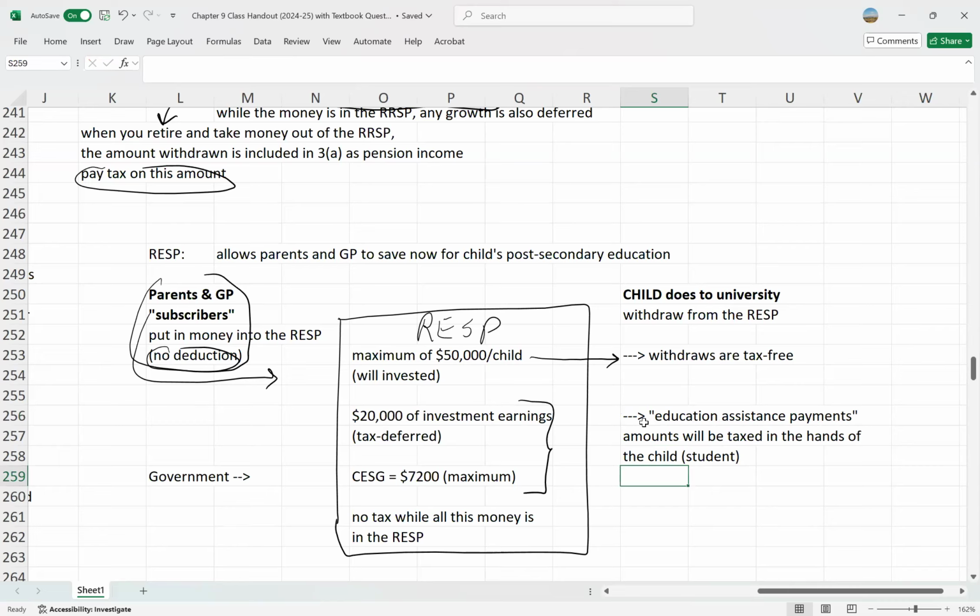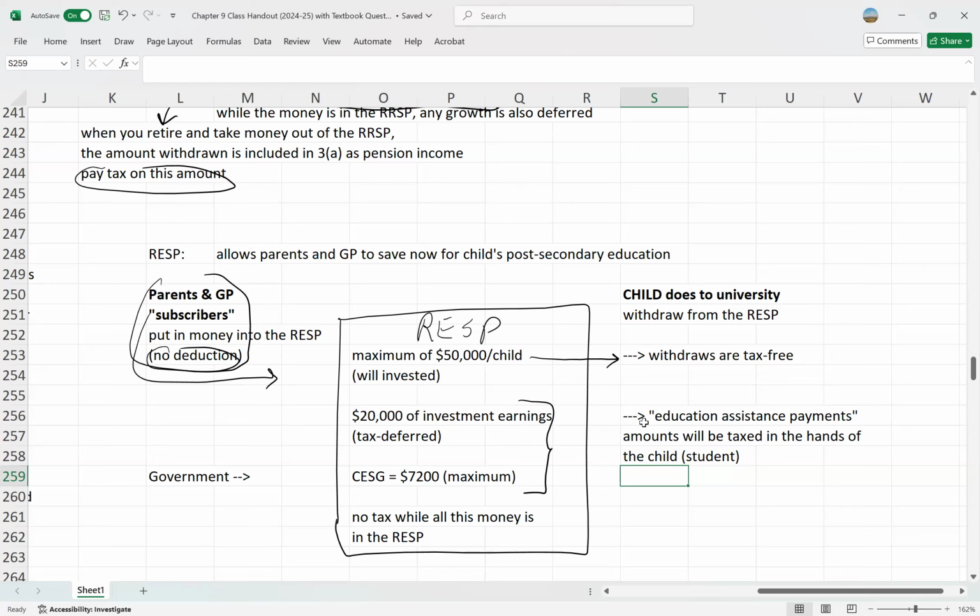Now, if the student doesn't have a lot of income, then they may pay little to no tax on these amounts. Remember, the BPA is over $15,000. And so if they take out $15,000 of these education assistance payments every year, in addition to some of the amounts that are tax-free, then they may end up not having to pay any tax at all because they have very little income. So that's how an RESP works.